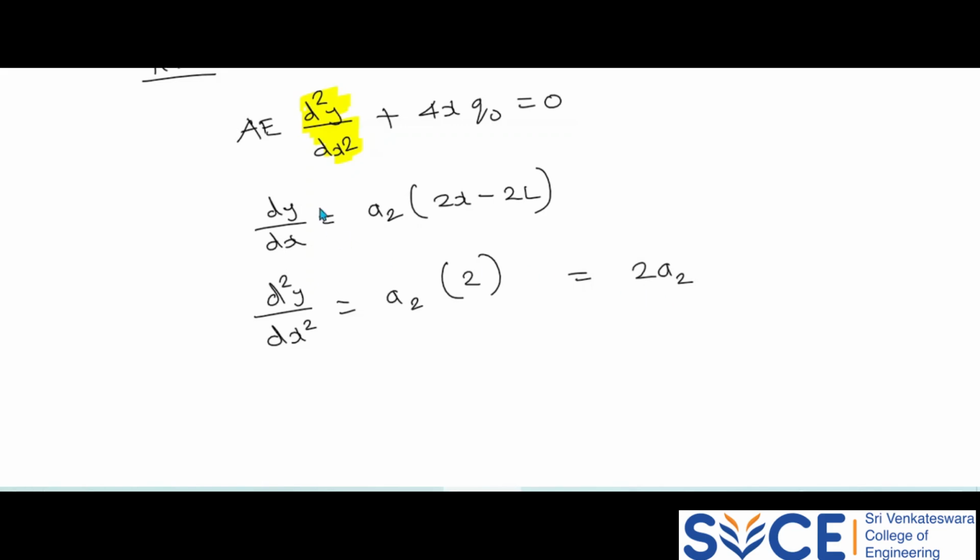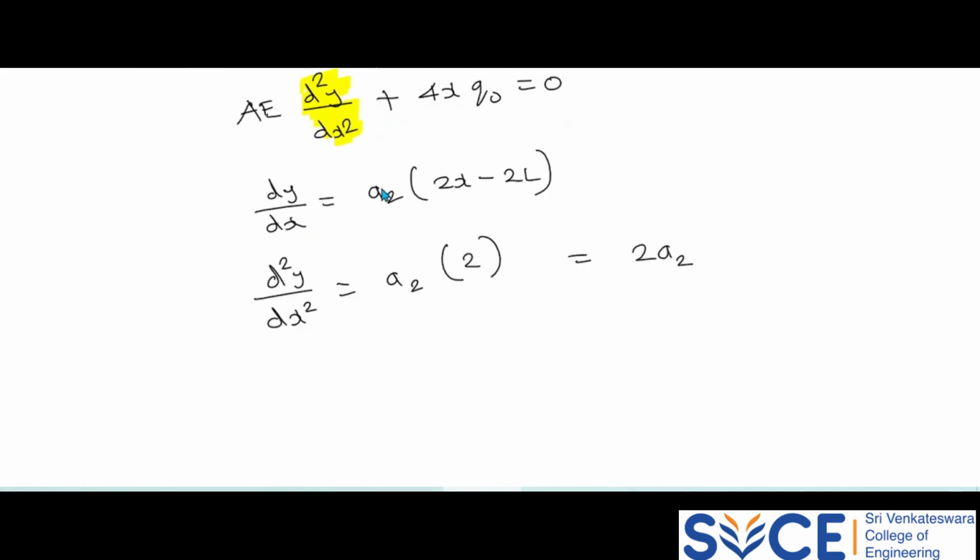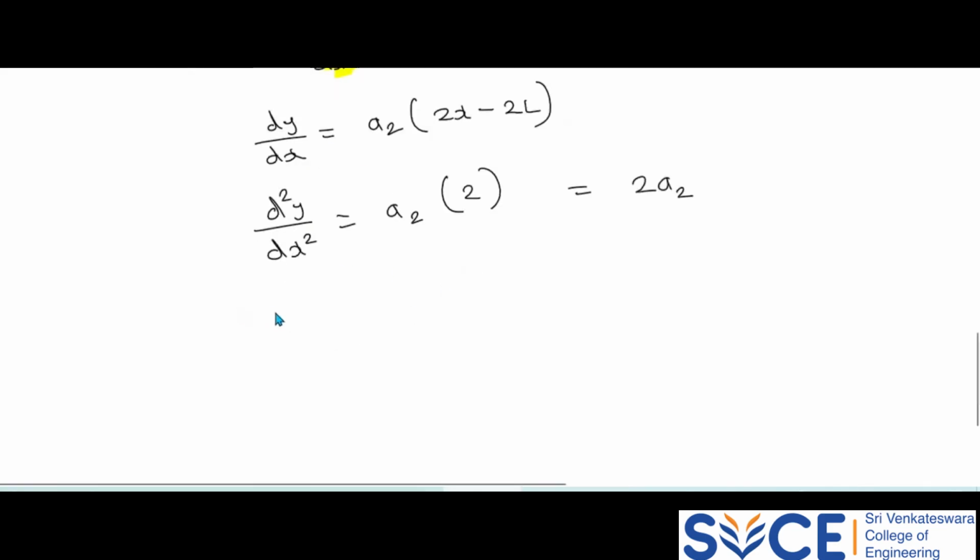So this I have to substitute in this equation to identify my residual. AE d square y by dx square is 2a2, plus 4x q naught. Now I can't say that this is equal to 0, because we took a trial function, so that won't be exactly the same answer. So I will say that this is not equal to 0.